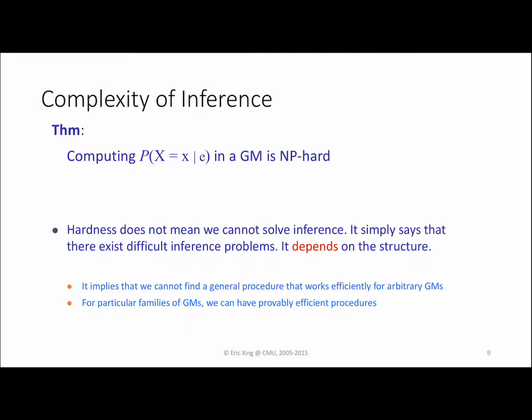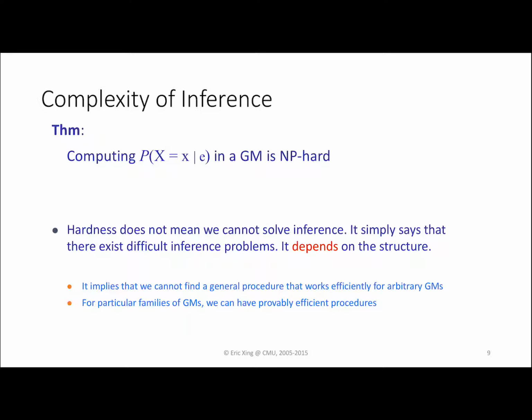It means that if I have a general graphical model, there is no algorithm that can solve the problem for every graphical model in polynomial time. But there are structures of graphical models that we can compute in polynomial time. And in most cases, our applications fall into categories that we can compute, or approximate, in polynomial time. So basically this theorem says, well, no free lunch.